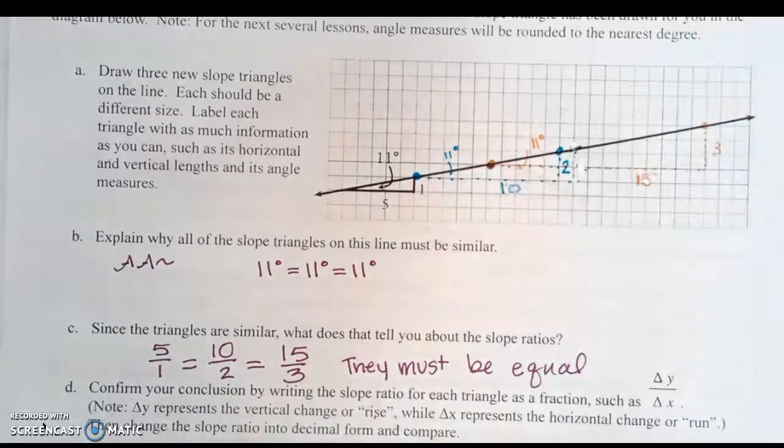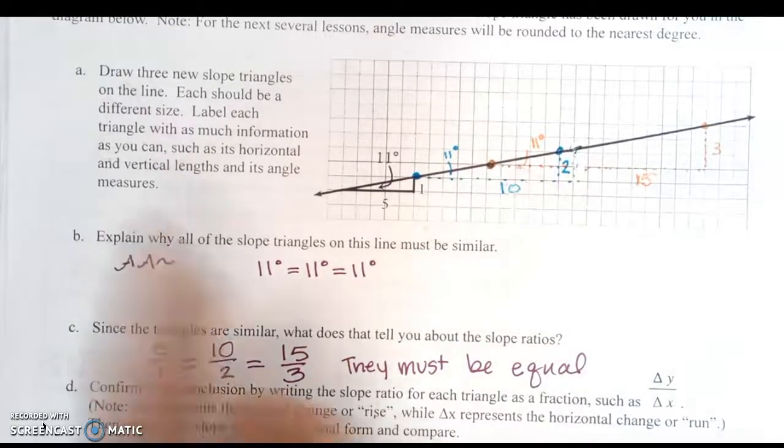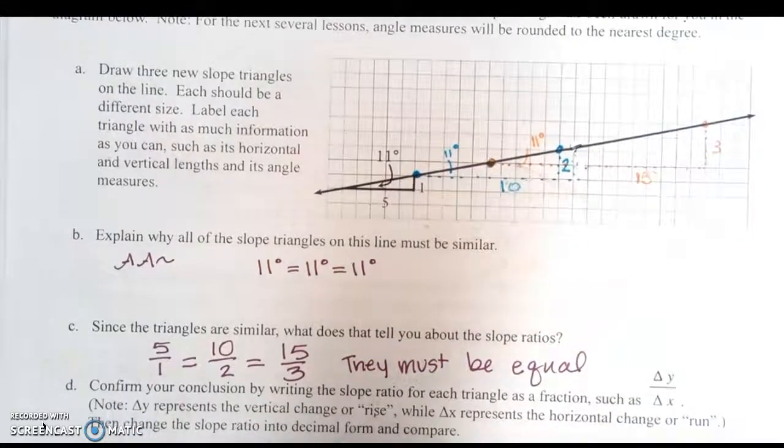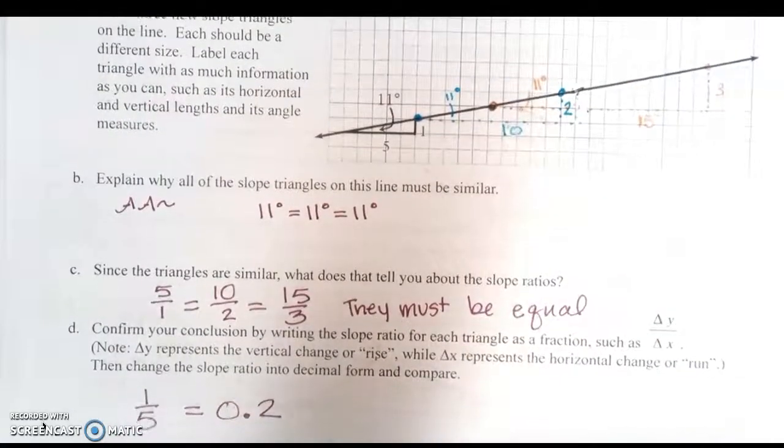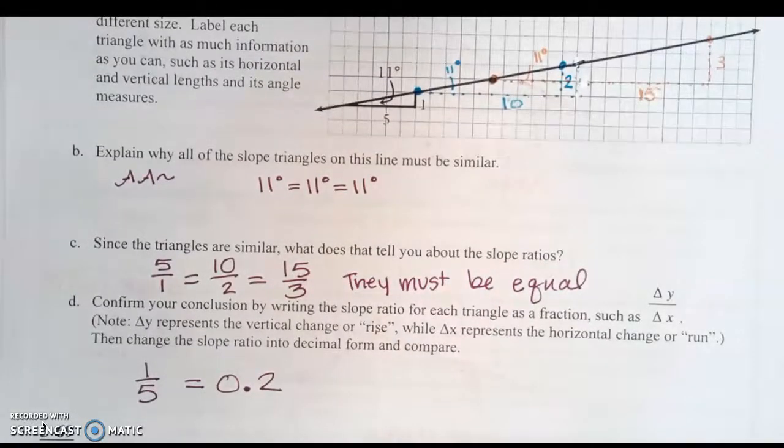So 2 of the 3 angles in each of those triangles are congruent, meaning they're similar by angle-angle. Any questions on part A or B? Okay. Part C says, since the triangles are similar, what does that tell you about all the slope ratios?